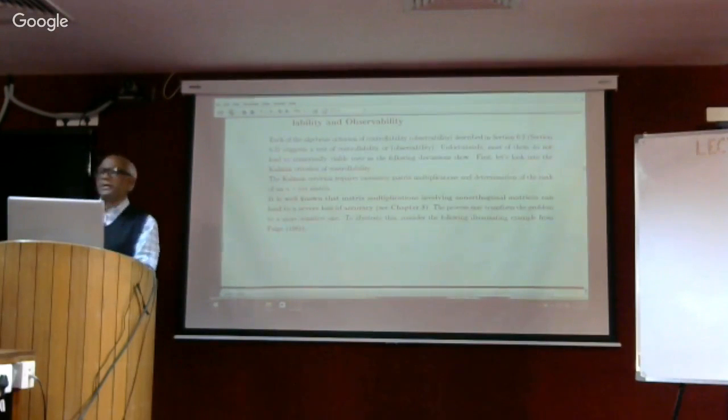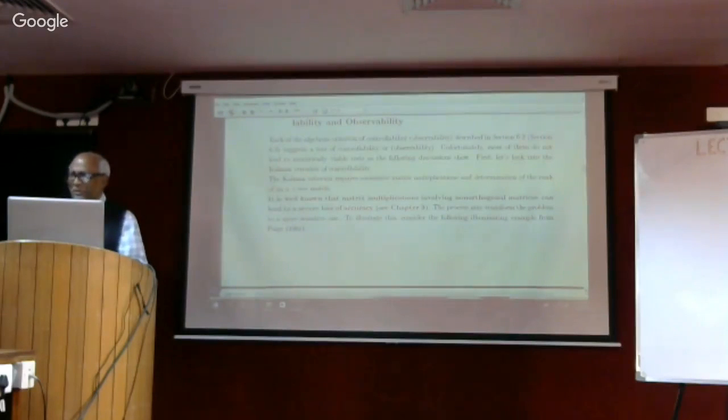Non-zero singular values, yes. So you have to compute the singular values of that n by nm matrix and see whether the singular values are all different from 0. The number of non-zero singular values gives the rank of the matrix, right?